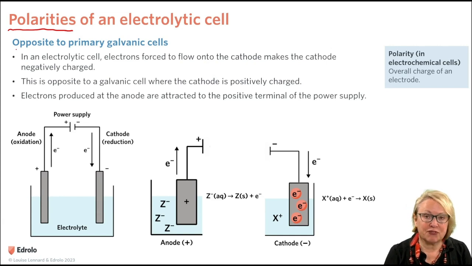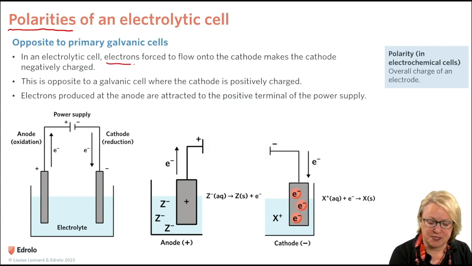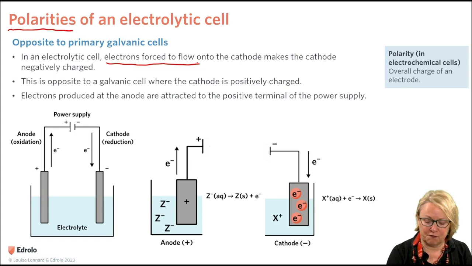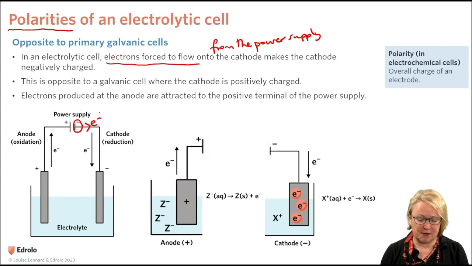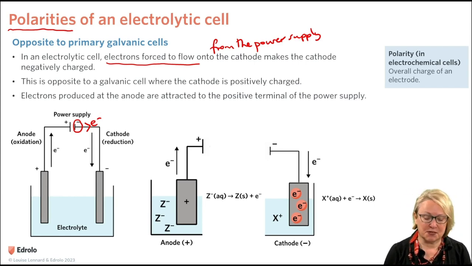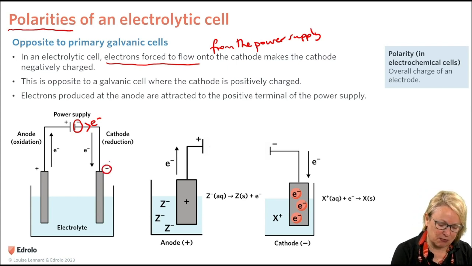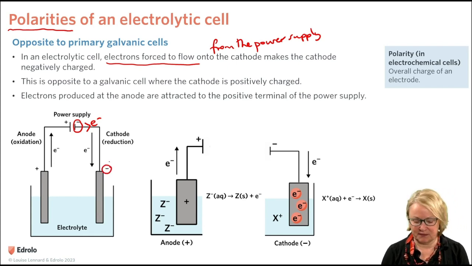So in an electrolytic cell, electrons are forced to flow onto the cathode from the power supply. So we're forcing electrons out of the negative terminal of the power supply onto the cathode. That means there's a build-up of negative charge, so the cathode is negatively charged.